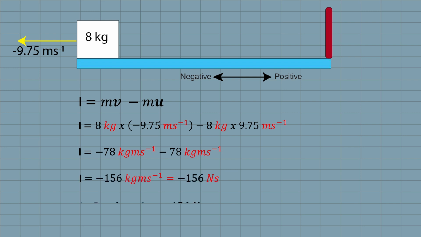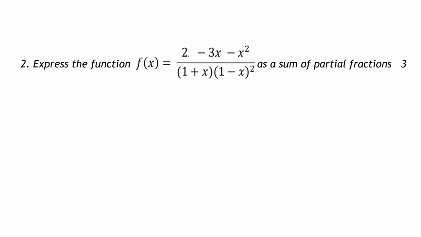The direction of the impulse is in the same direction as the change in momentum, as you would expect. However, we just want to find the magnitude of that, which is 156 Newton seconds. And what does 156 Newton seconds mean? Well, it can be a 156 Newton force acting for 1 second, or it can be a 1560 Newton force acting for 1/10 of a second, and so on.